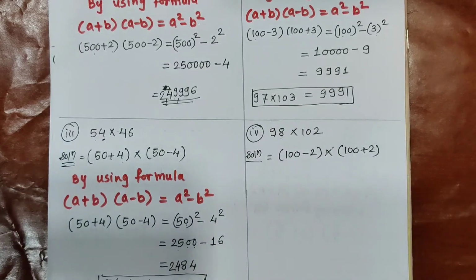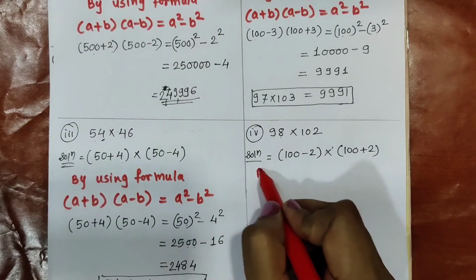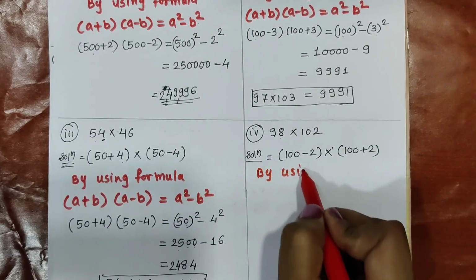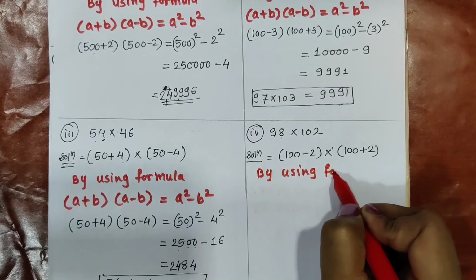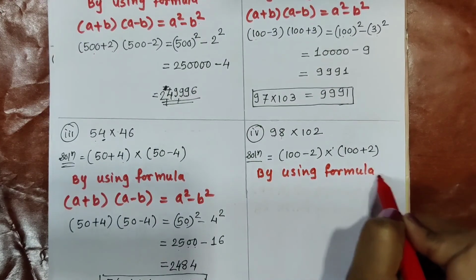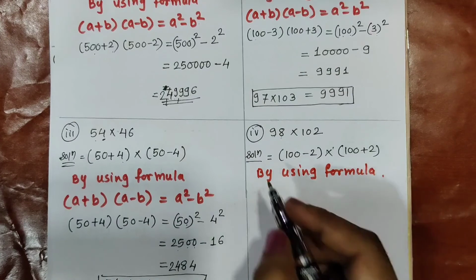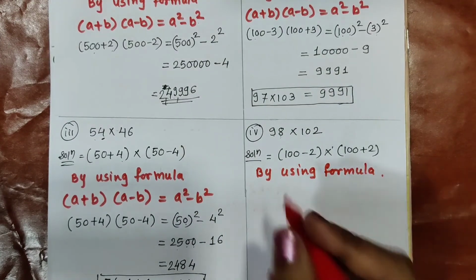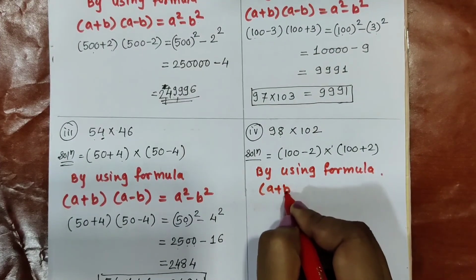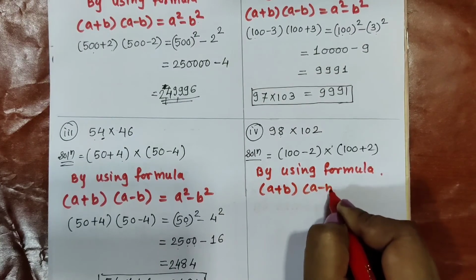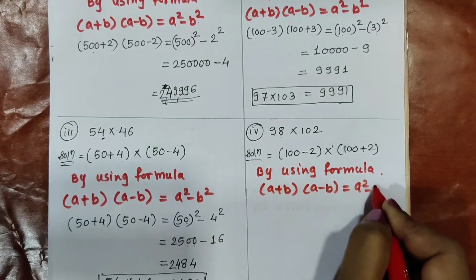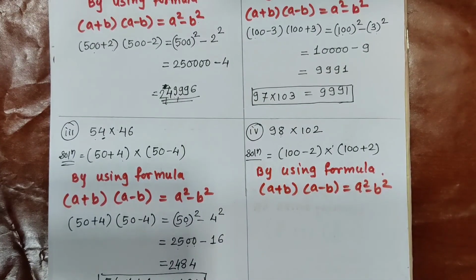Now we will be using formula. We write here by using formula. So formula is (a plus b) first bracket, (a minus b) in second bracket will be equal to a square minus b square.